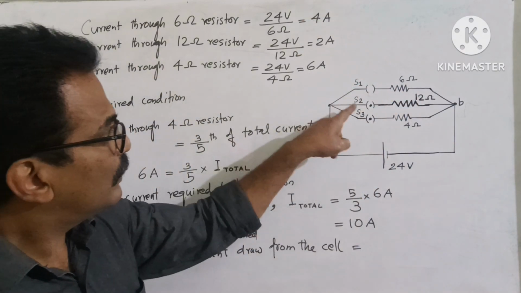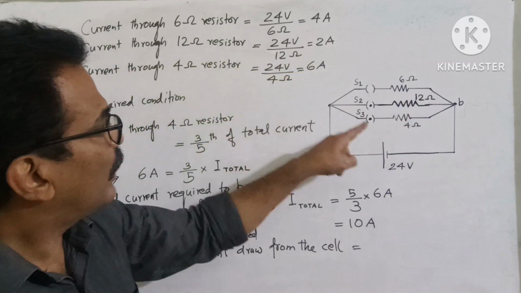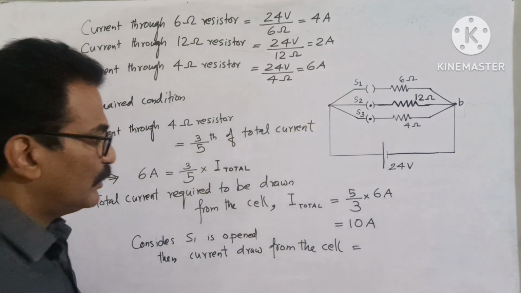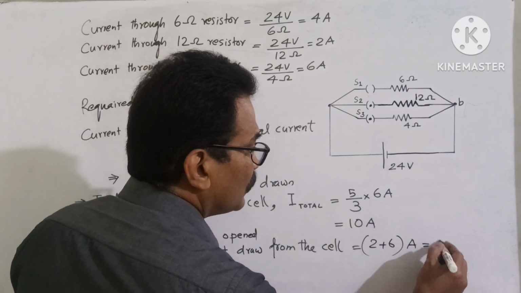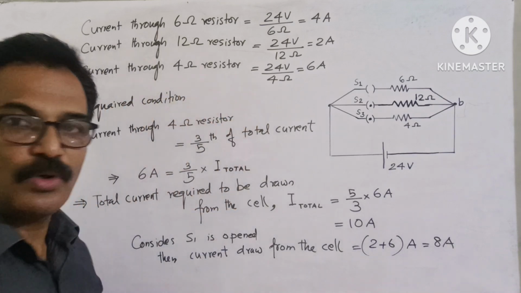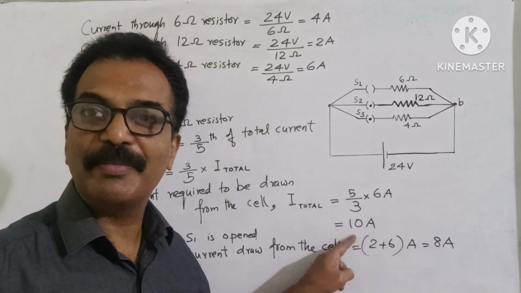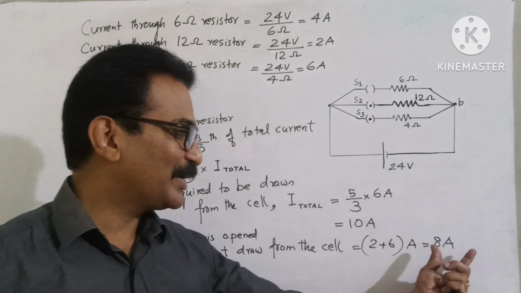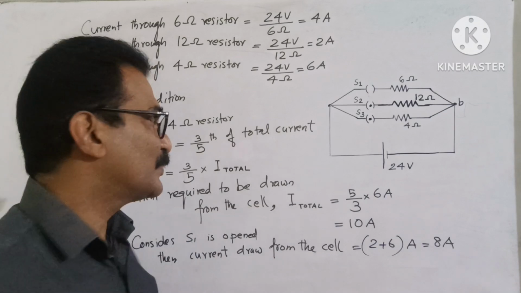That will be the current flowing through this 12 ohm, that is 2 ampere, and the current flowing through this 4 ohm, that is 6 ampere. So 2 plus 6 is equal to 8 ampere. No, that cannot be our answer. We need a current of 10 ampere from the cell. Here it is only 8 ampere, so that cannot be the answer.